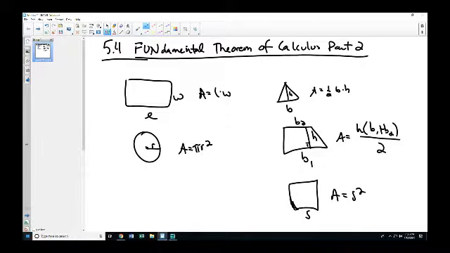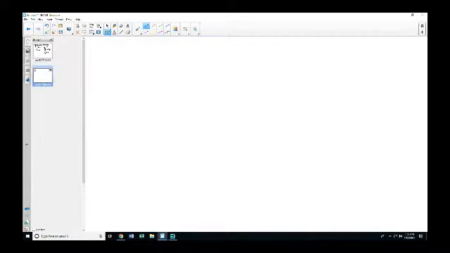All right, so the question would be, how do we write an area formula in calculus terms? So that's what the fundamental theorem of calculus is all about.